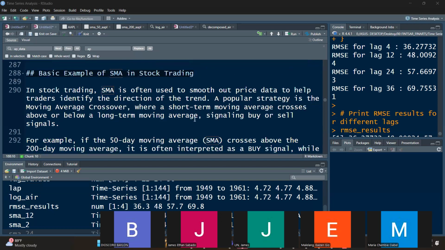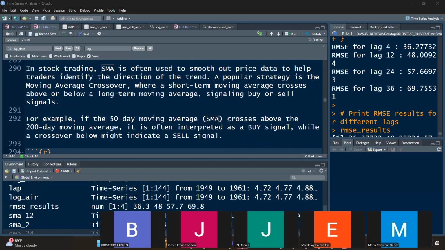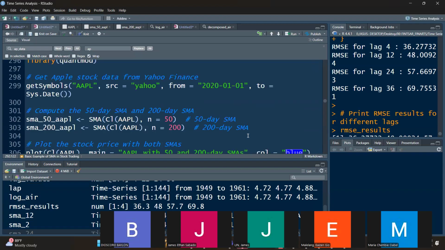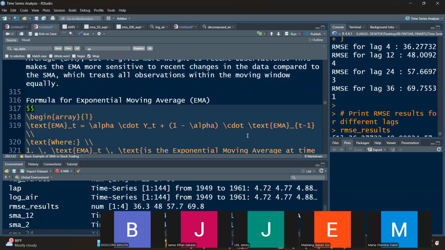When your 50-day moving average goes above the 200-day average, that's considered a buy signal, while if your 50-day SMA goes below your 200-day, then it's a sell signal. So these are used as indicators. We did that last time.